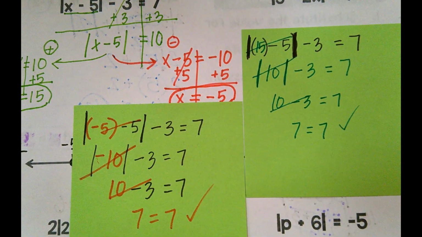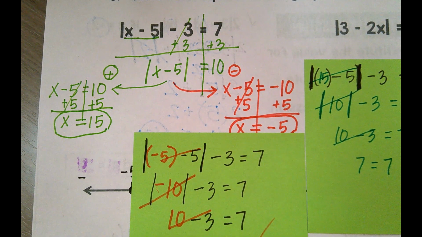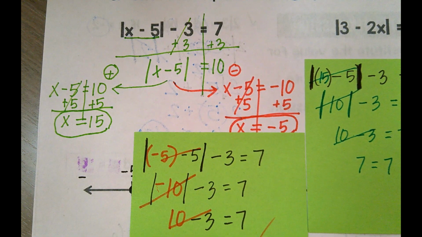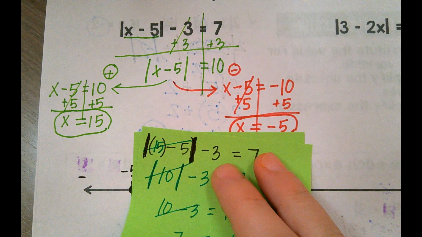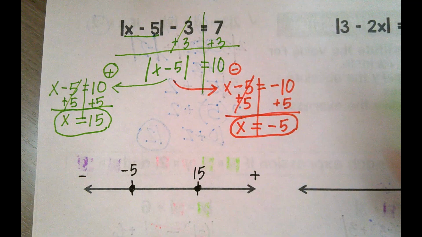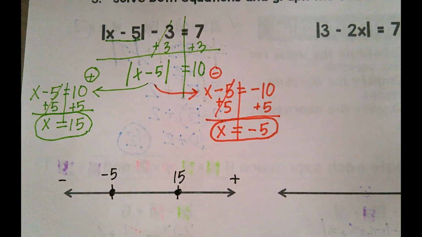Can I see that over there, the green? Yeah, I'm interested in this 3 minus 2x. I'll look at that one next. Can I scoot this over? Are you still writing it?